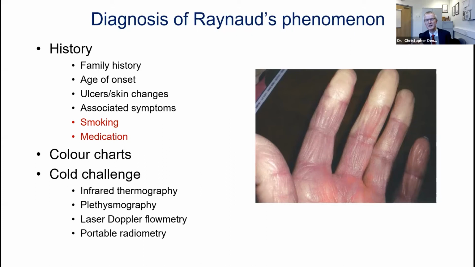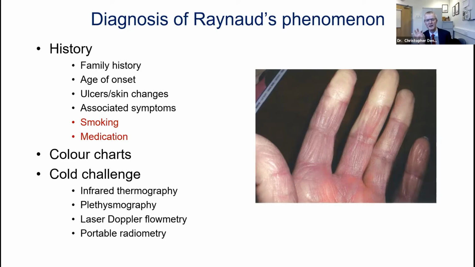And we would always ask about things that could be provoking Raynaud's, particularly whether a patient might be a smoker and whether they might be on any medications such as beta blockers or other treatments that might be provoking Raynaud's attacks. You can sometimes ask a patient just to look at color charts, and we have standard color charts available to describe the color changes that they see.